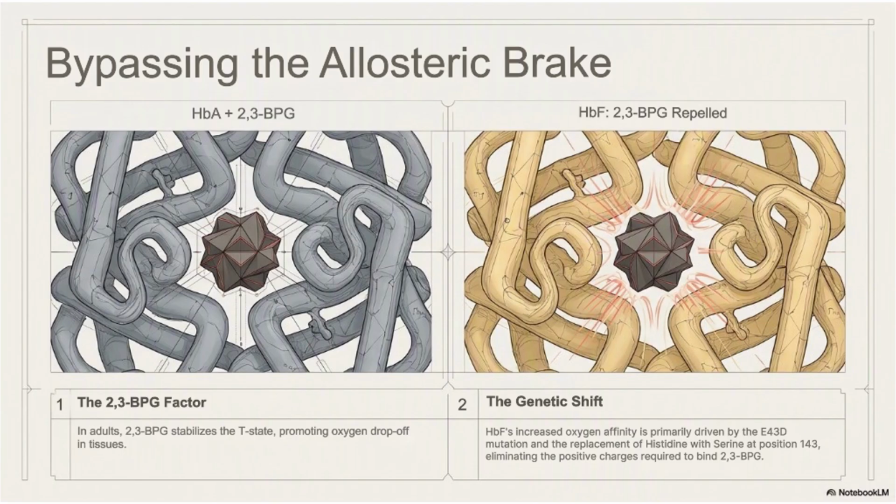So we'll call it 2,3-BPG from now on. And there's one place in the slide that I forgot to change from a D to a B, and I'll point it out later on.